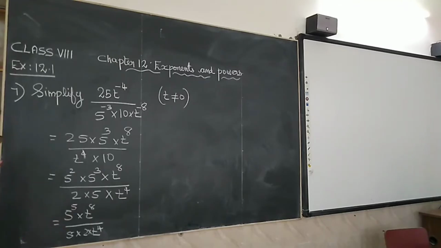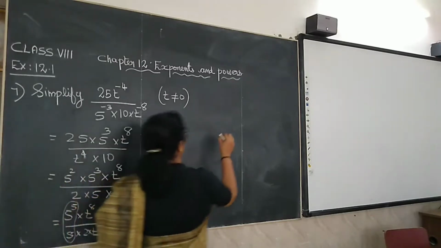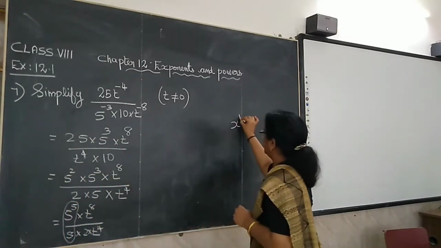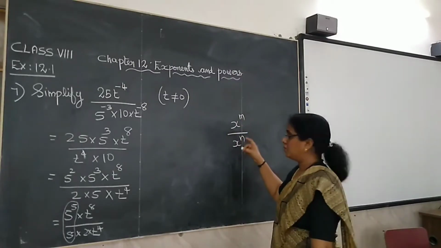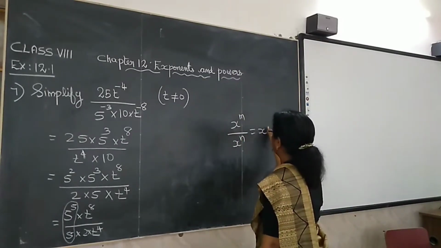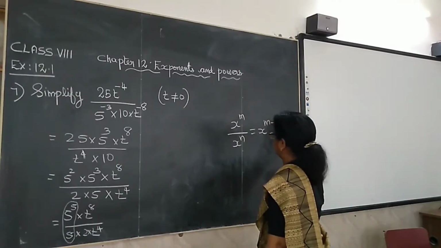Now listen to this term, 5 raised to 5 divided by 5. This is of the form x raised to m divided by x raised to n. So this becomes x raised to m minus n.